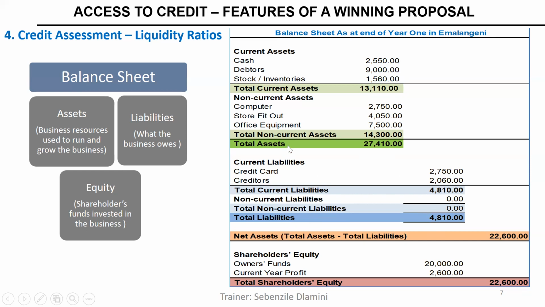The difference between the total assets and total liabilities is net assets. Then you have the shareholders' equity. In this case, the shareholders' equity is 22,600 emalangeni. It is equal to the net assets.